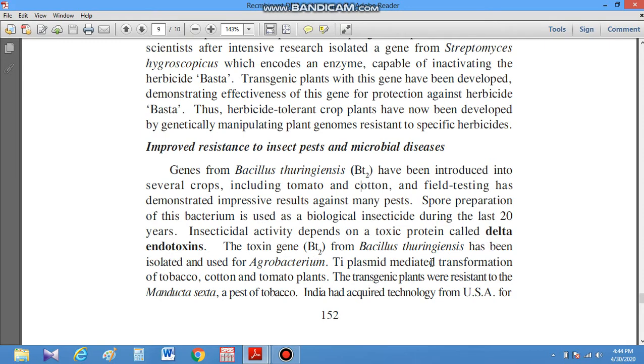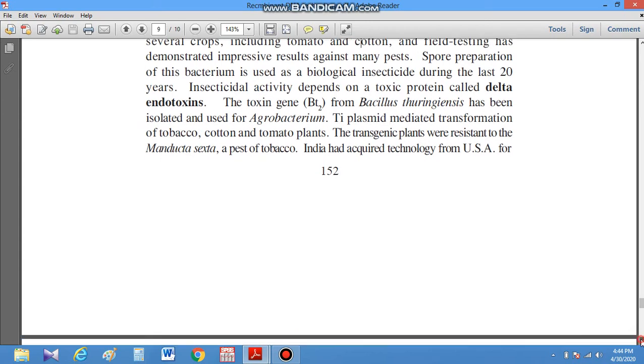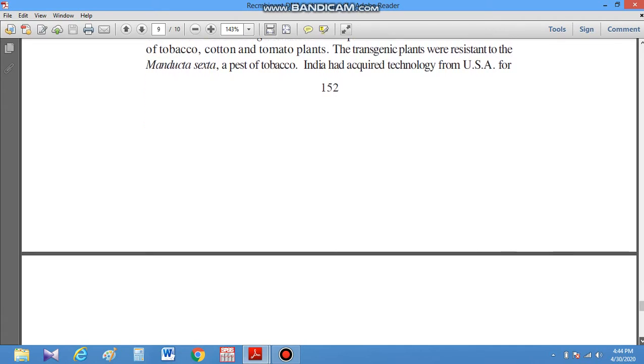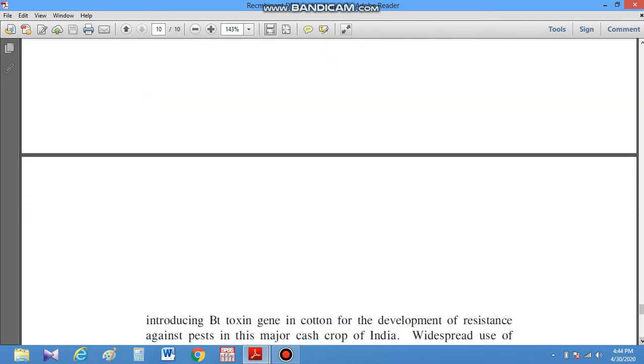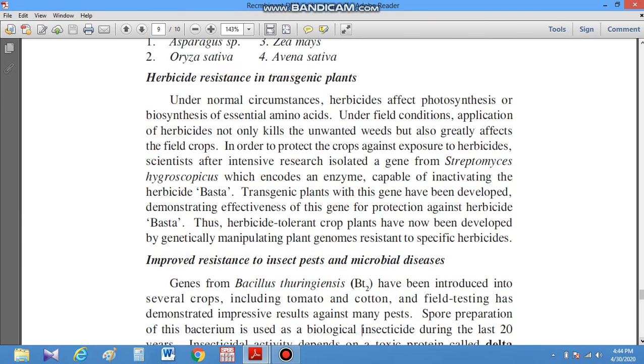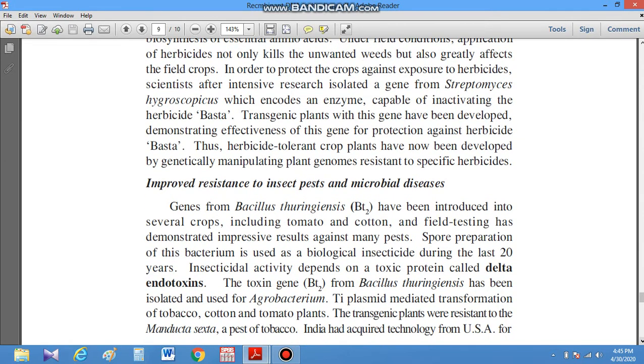This protein gene is isolated from Bacillus thuringiensis and incorporated into Agrobacterium, and this Agrobacterium has the capacity to infect the plants, as it contains the Ti plasmid, and through this Ti plasmid vector foreign genes can be transferred to the plants during infection, as we have discussed previously also. Through these modifications we can develop transgenic plants for all these purposes.